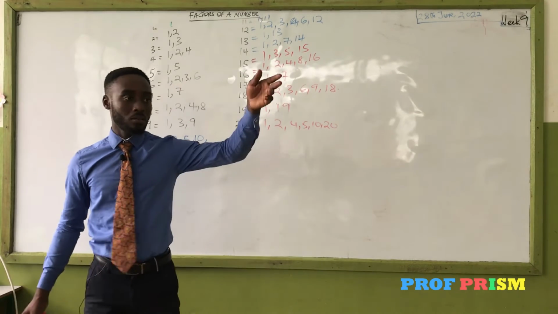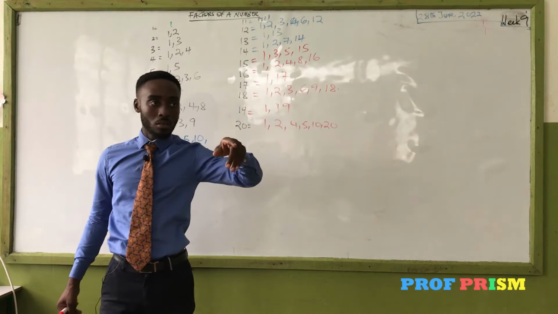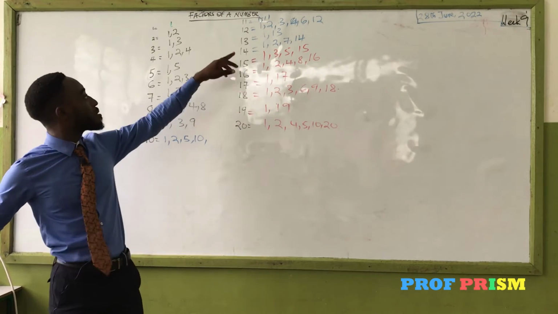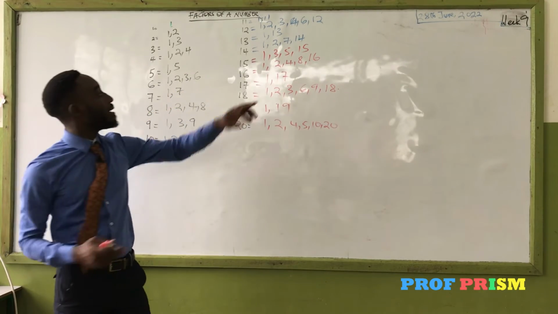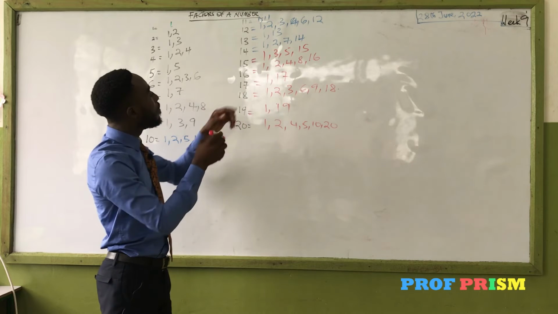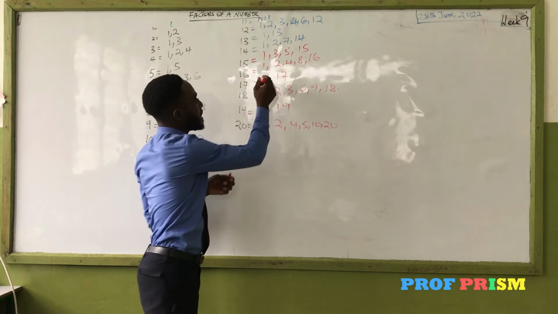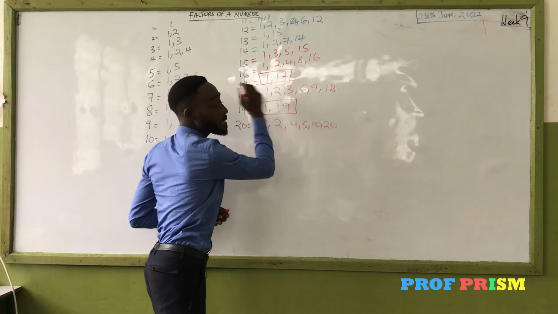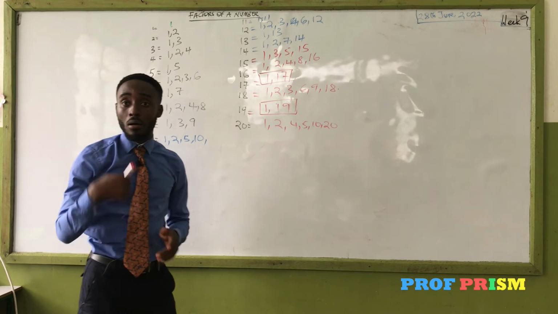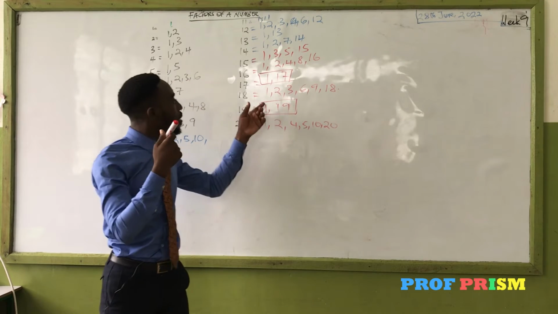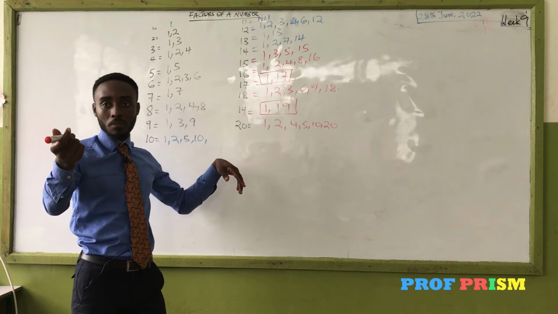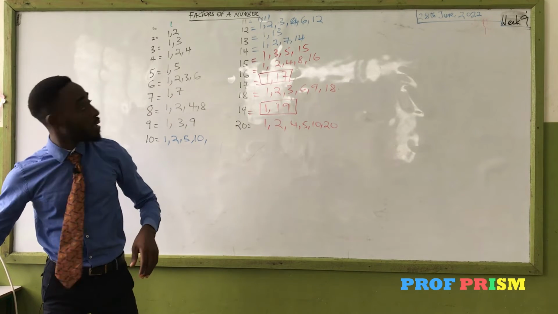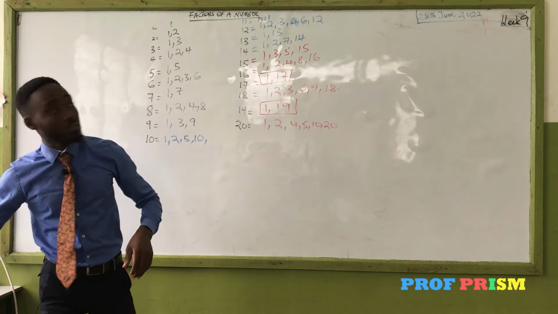Okay, which team is done? All right, Ednam, let's go. Okay, that's team red. 17 has 2 factors, and 19 also has 2 factors. What about your team? 13 and then 11.